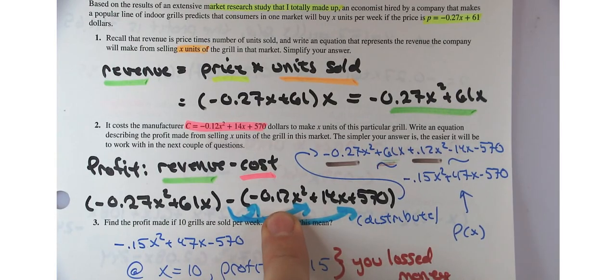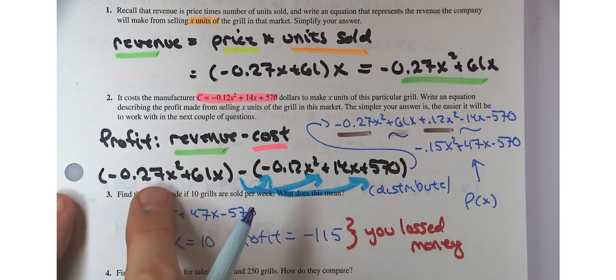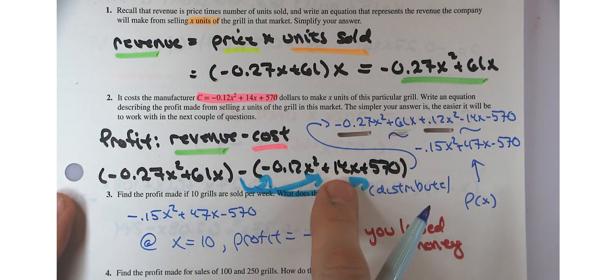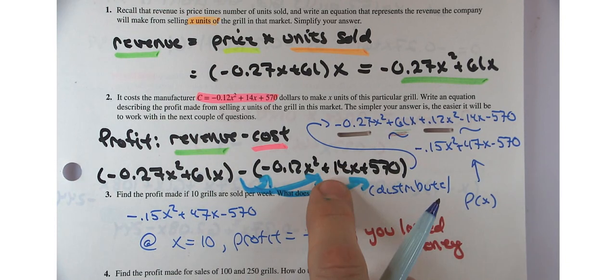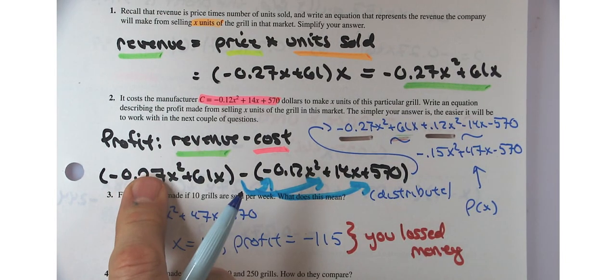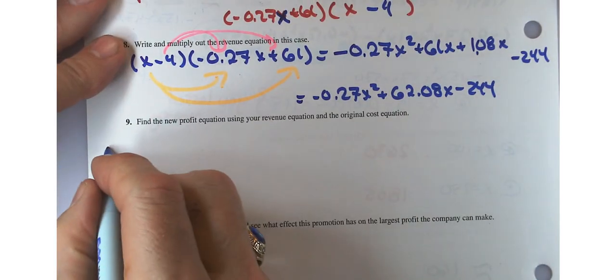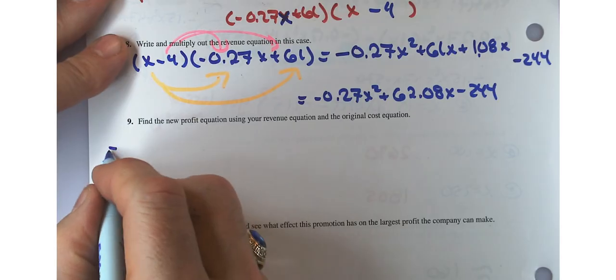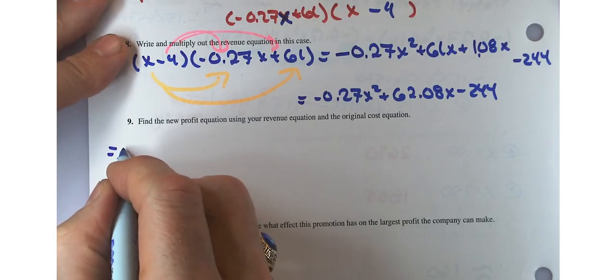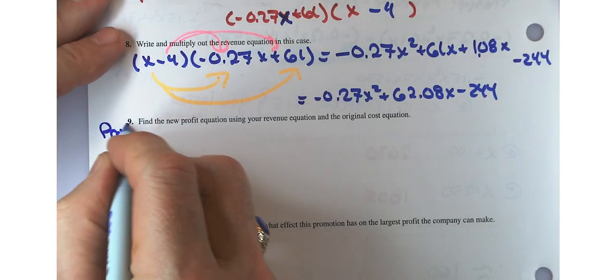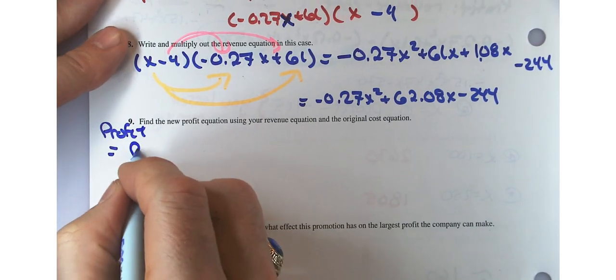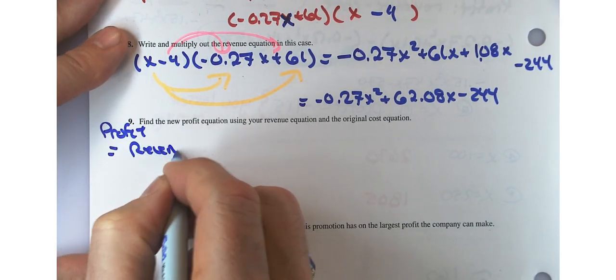We're going to take our new revenue equation and subtract the old cost equation. So profit equals revenue minus cost.